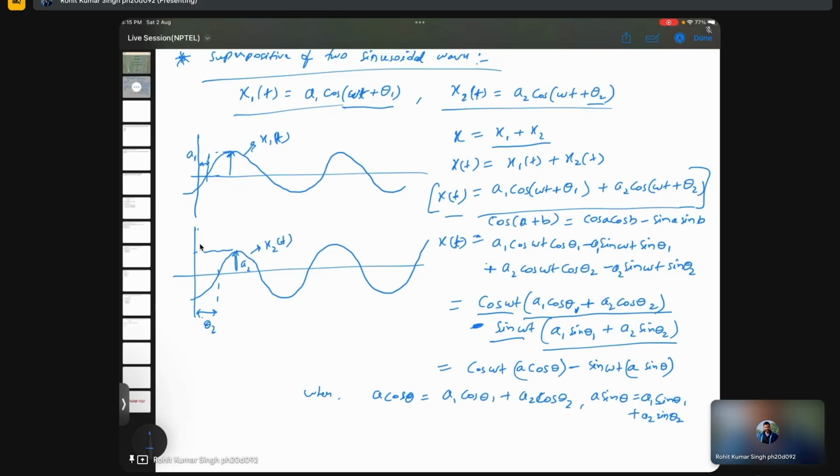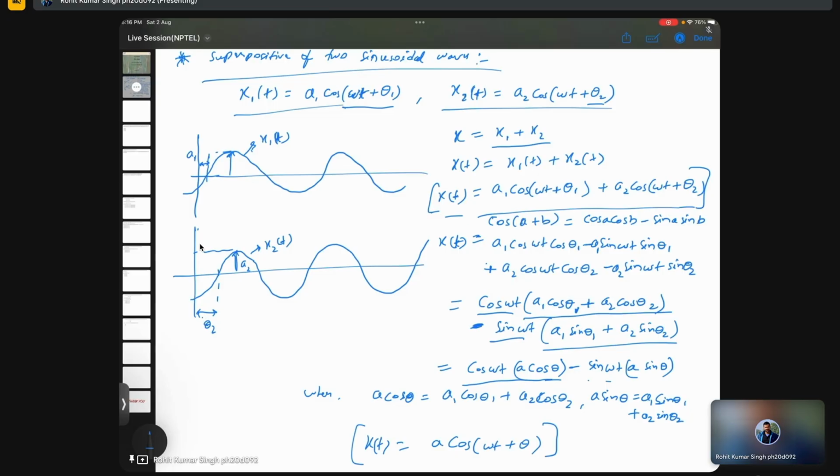Okay, then what you get finally is, so this is again a form of cos a plus b. So this is cos omega t cos theta minus sin omega t sin theta. So you can write it taking a common, you can write it a cos omega t plus theta, right?